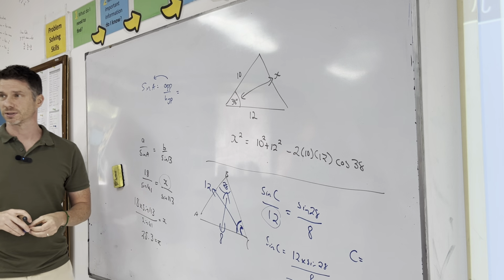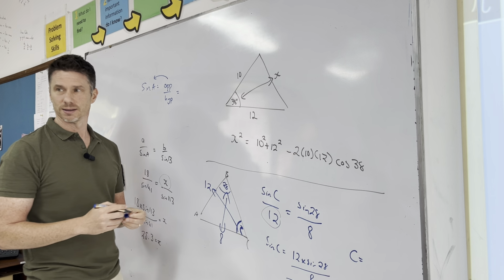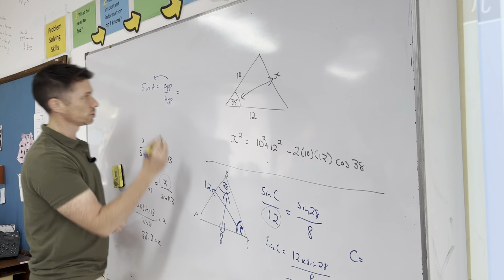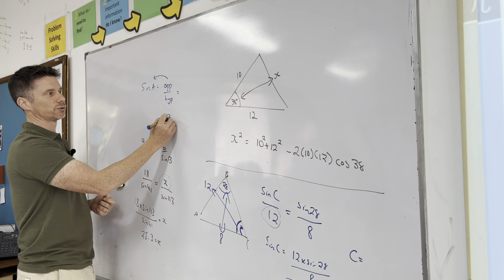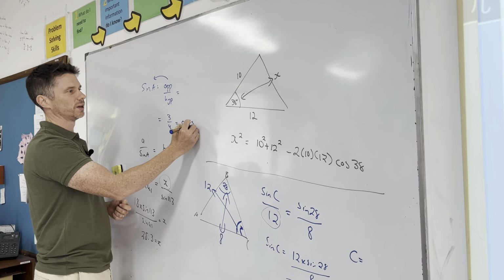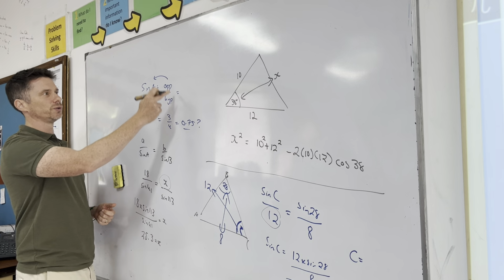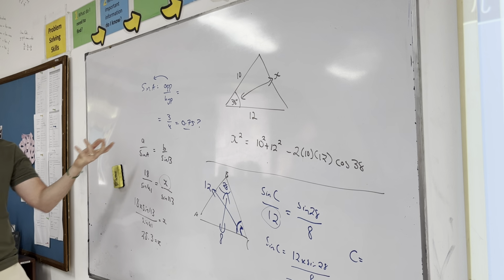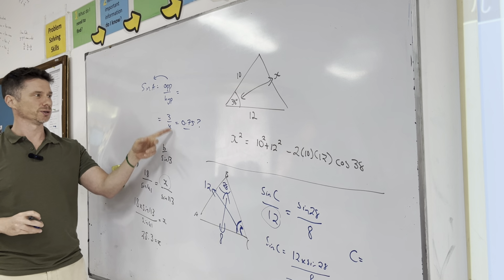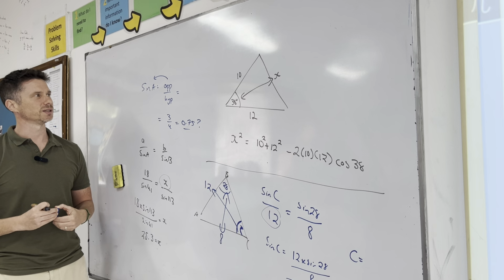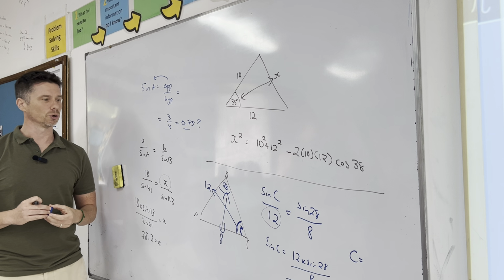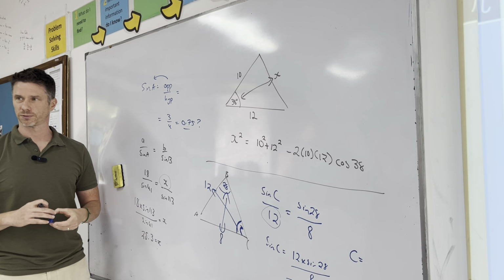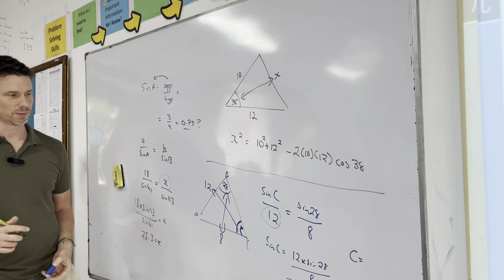The calculator does it for us handily. Remember, 3 over 4 is 0.75. That's the ratio of the opposite to hypotenuse sides. That doesn't tell us the angle. It gives us information that the hypotenuse is 4 and the opposite is 3, but not the angle. So we go backwards using the calculator to find the angle, because we just have a decimal at the moment.